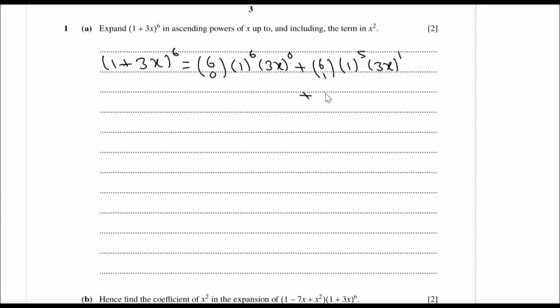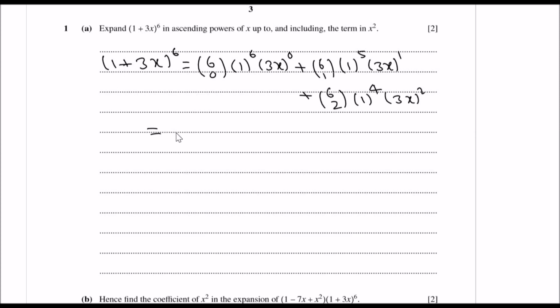Now the one more term, that is 6c2, 1 to the power 4 and 3x to the power 2. Okay, so expansion done, but we need to simplify. So you can take help of your calculator.